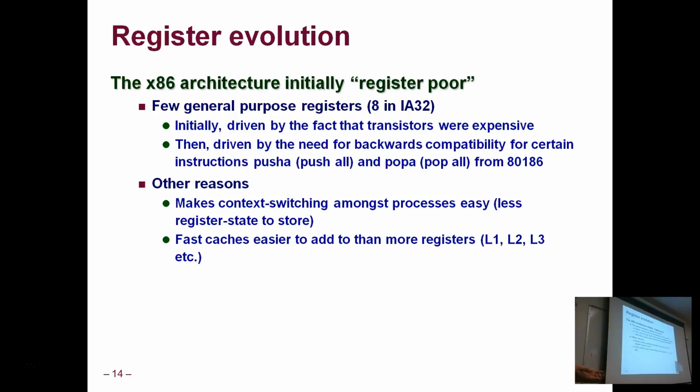The other reason to keep the number of registers small is that it makes context switching easy. The fewer registers you have, the less you have to go into memory and store during a context switch. And the last reason was that if you want to incrementally speed up your program, you could simply add faster memory caches near your CPU to get similar kinds of execution speeds.